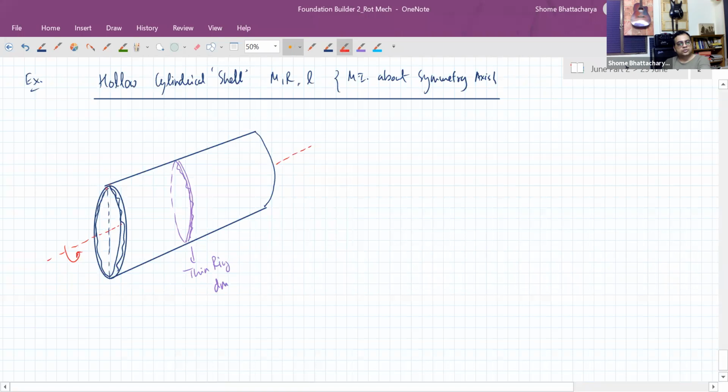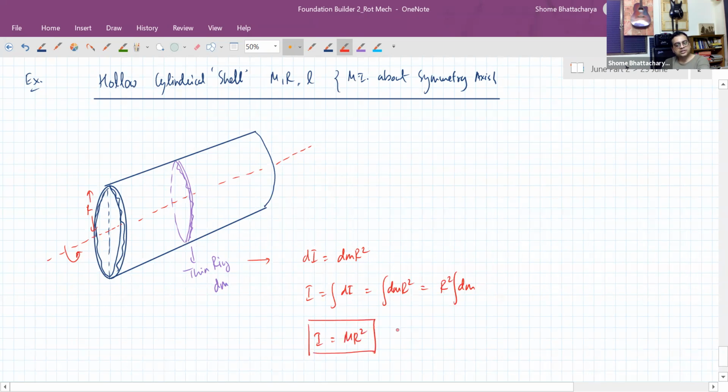If this one's radius is r, then the ring's radius is also r, and it is the same symmetry axis. So the moment of inertia for the thin ring about the symmetry axis will be dm r square. So the moment of inertia of the cylindrical shell will become m r square.